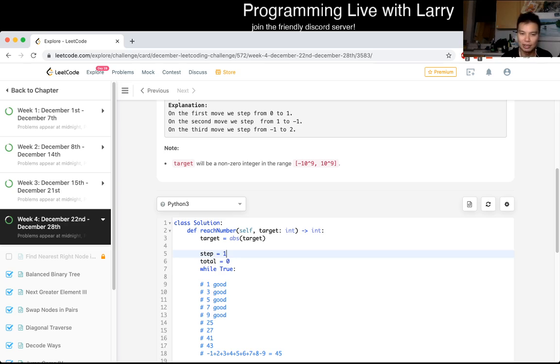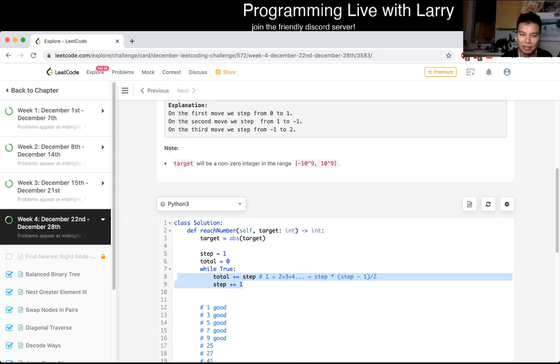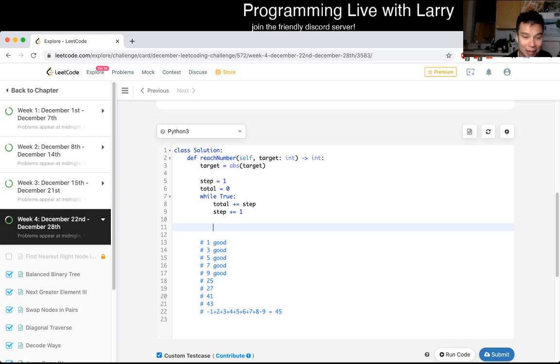So then here we can do total plus step, step increment, and this is just prefix sum in a way. So I know that total is essentially 1 plus 2 plus 3 plus 4 dot dot dot, which is equal to step times step, either plus 1 or minus 1, over 2 or something like that. I always mess that up. But I like to write it this way so that it's a little bit clearer to the expression of what I want to write. So I would recommend not over optimizing if you don't run into it, right?